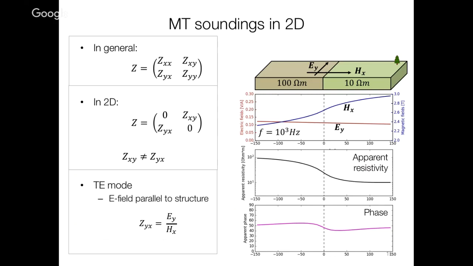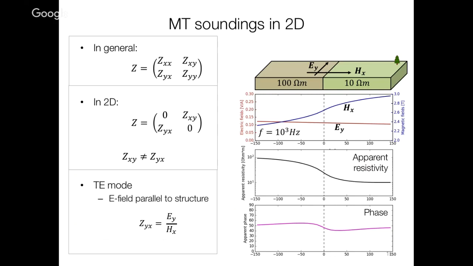So what happens if we have a sounding now in 2D? Imagine we've got two blocks, one that's 100 ohm meters, one that's 10 ohm meters. And now we're going to do a traverse along this direction and ask ourselves, what are we going to see? Well, the electric field is always constant in that direction, so the electric field looks like that.